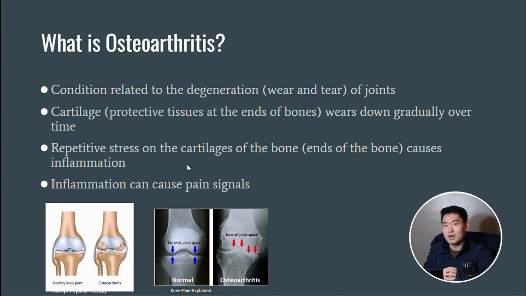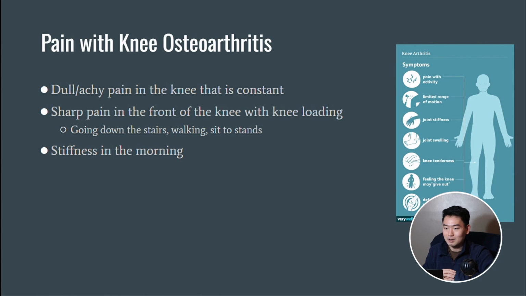I do want to mention that osteoarthritis is a normal part of aging, and it's just a matter of how we want to manage it and how we want to decrease pain going forward, because we can't prevent degeneration of the joints.